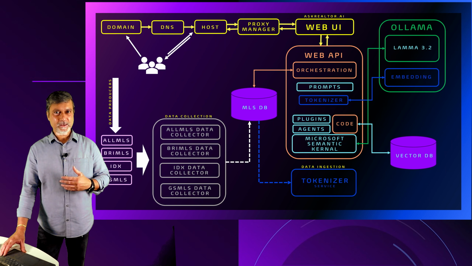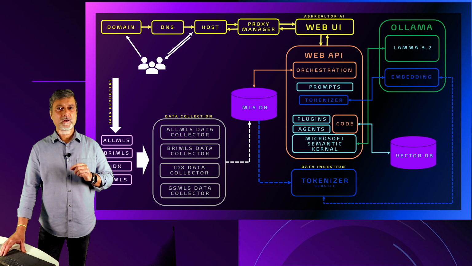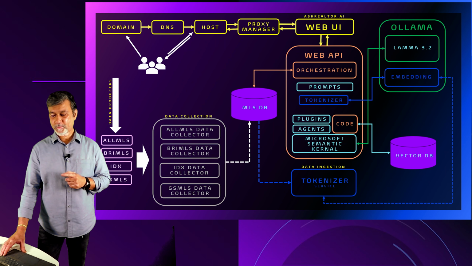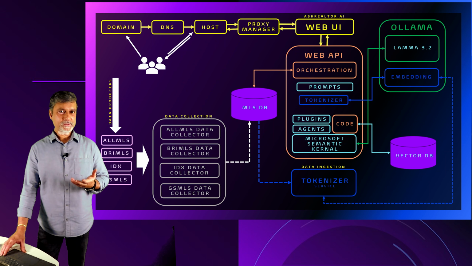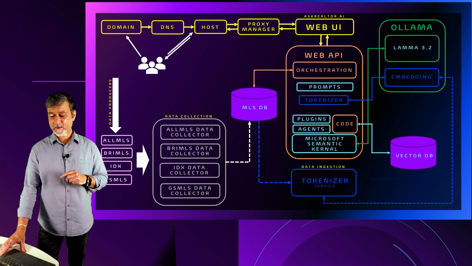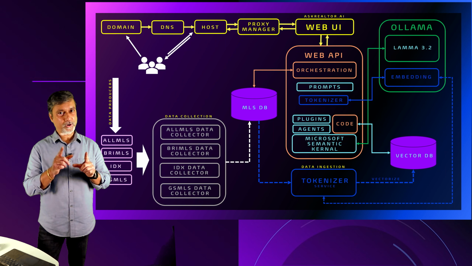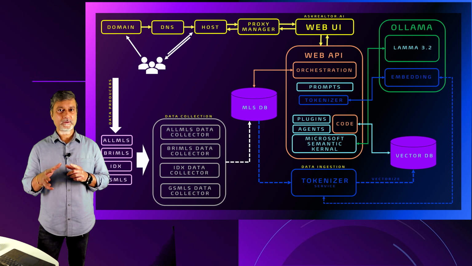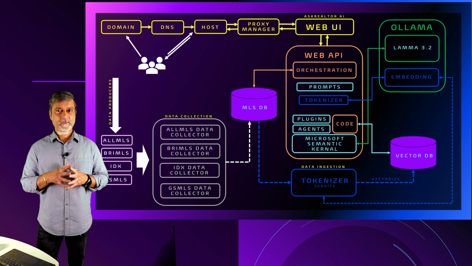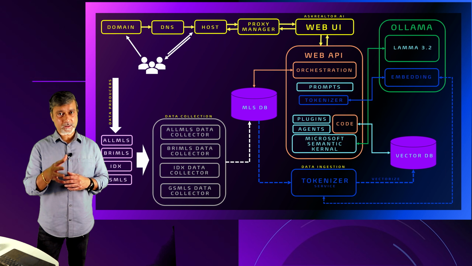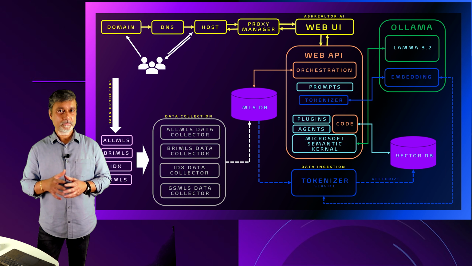Then after tokenizing, it's going to vectorize it with the help of the embedding models that we have, and then push that data to the vector database, so that when you prompt the natural language models, it is going to realize that you are looking for something related to MLS.